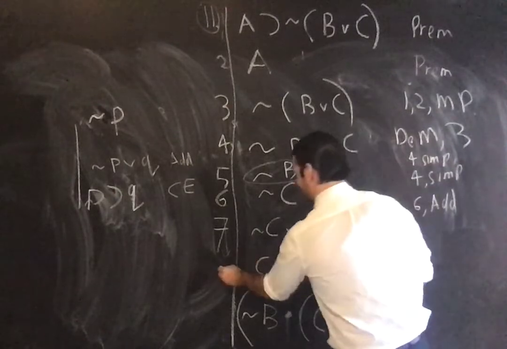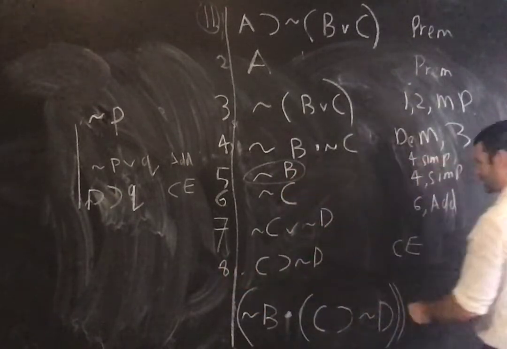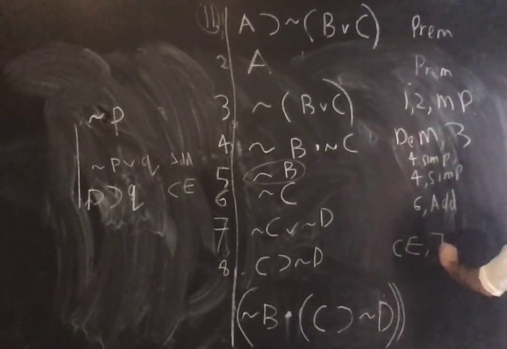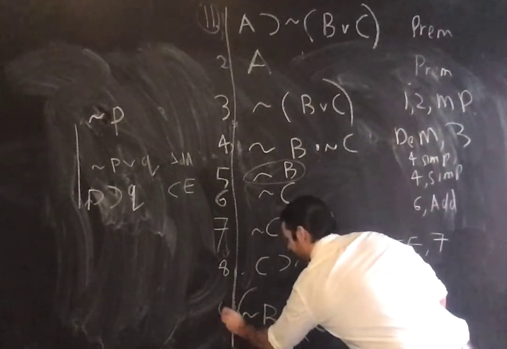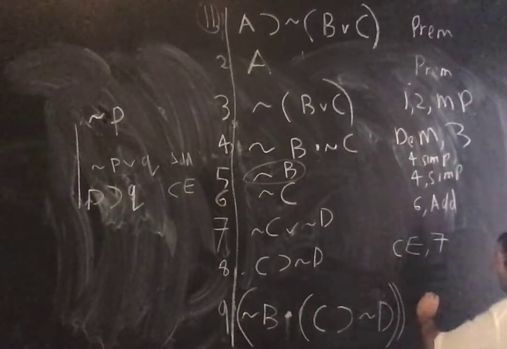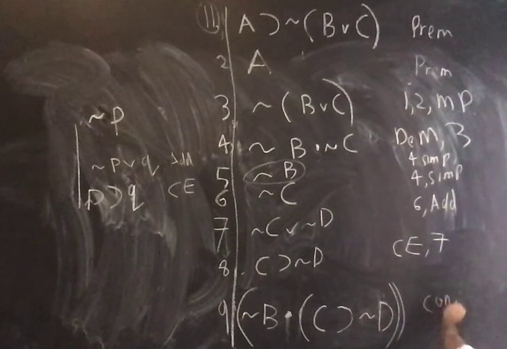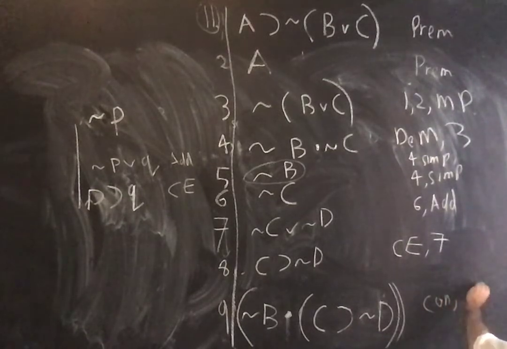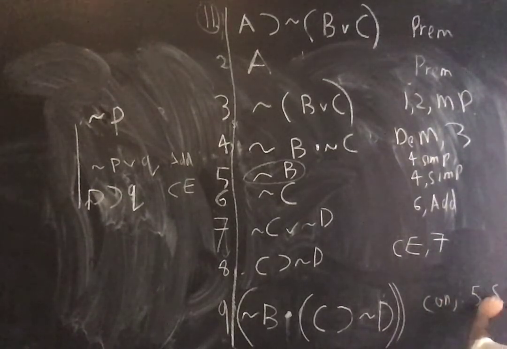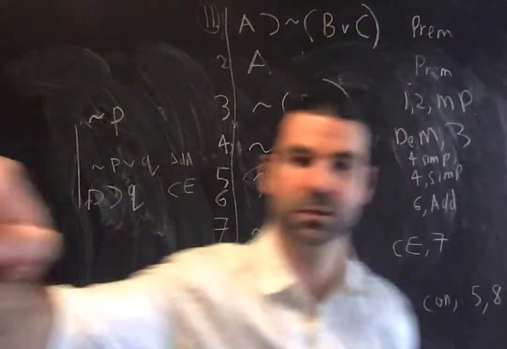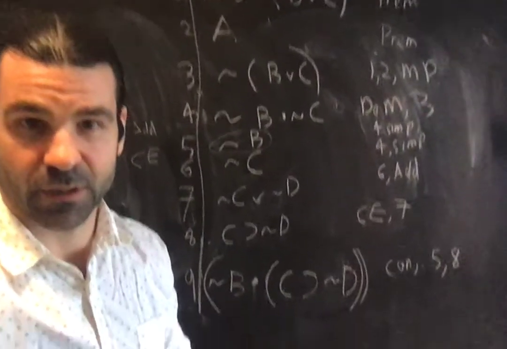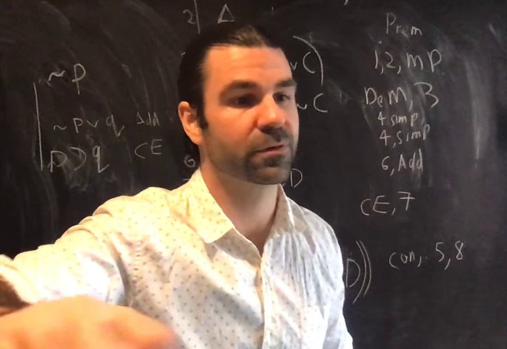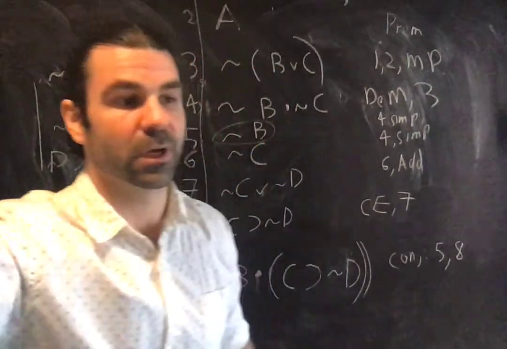So that's 7, and then 8. C hook not D, conditional exchange on 7, boom. My conclusion is now obtained by conj on 5 and 8. See that? All right, and that is the proof for number 11.